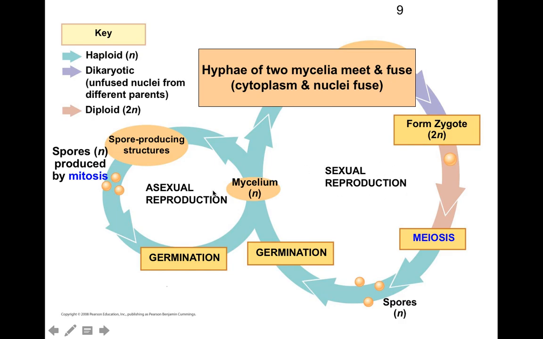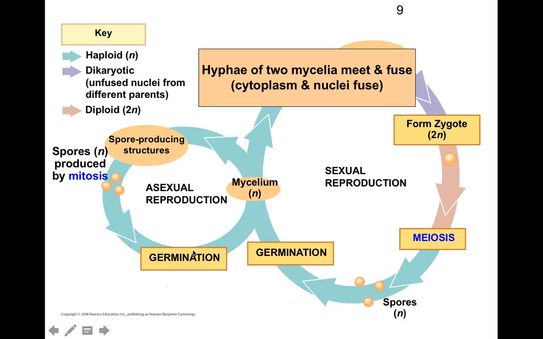Fungi can reproduce sexually, they can reproduce asexually. What we see is that the majority of the time, the mycelium and the body of the fungus is going to either be haploid or dikaryotic. Okay? So let's talk about asexual reproduction first.